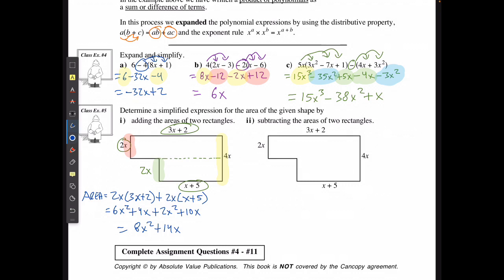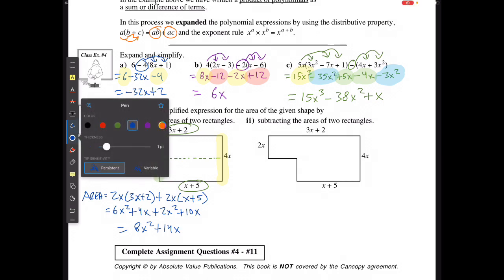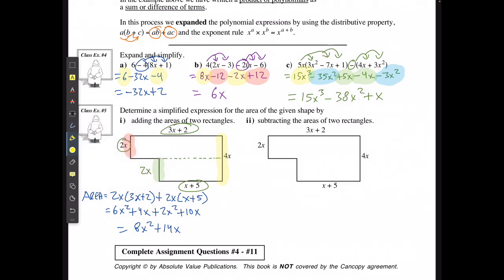Now, the other way I could have done this is I could have subtracted the area of two rectangles. I could have taken the area of the bigger rectangle and then taken off the area of the smaller rectangle. In order to do this, I would still need to know what the dimensions of this smaller rectangle are.